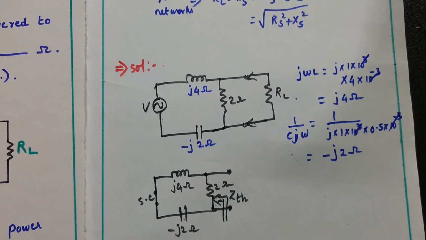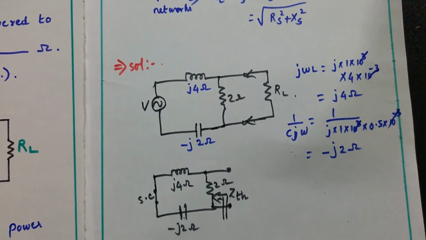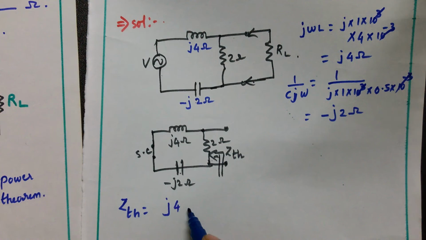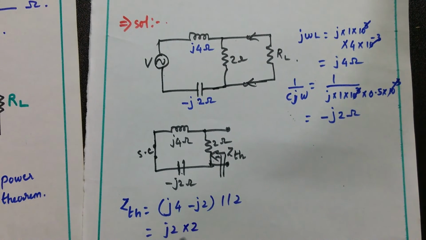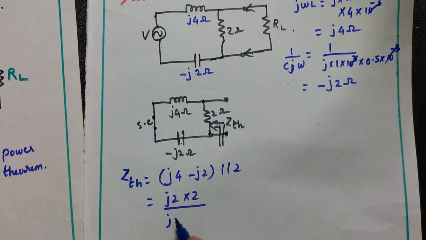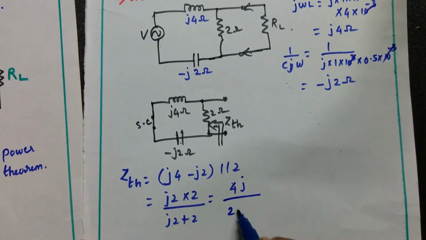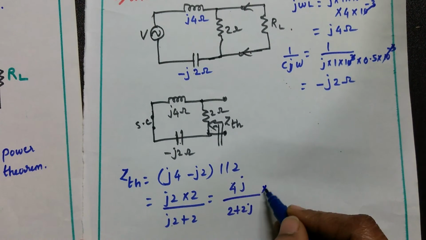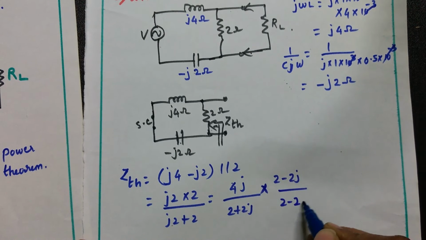Now Z Thevenin equals: here the inductance and capacitance are in series, so j4 minus j2, in parallel with the resistance. So this becomes j2 into 2 by j2 plus 2, which is equal to 4j by 2 plus 2j, into the conjugate 2 minus 2j by 2 minus 2j.